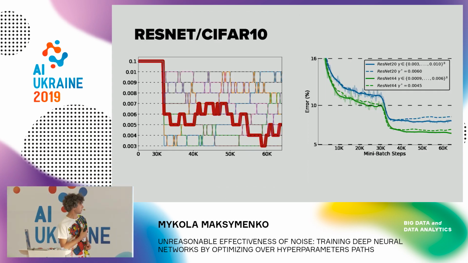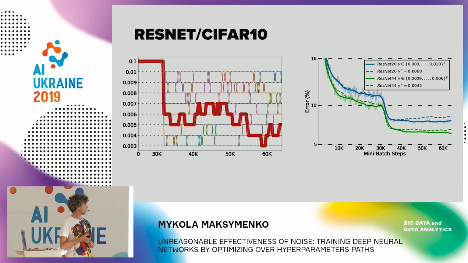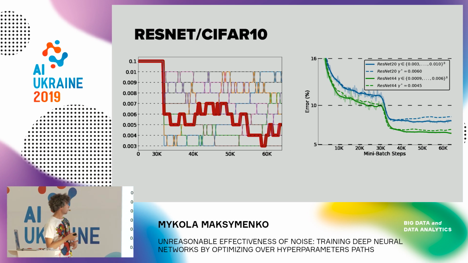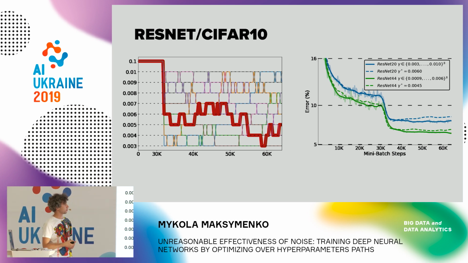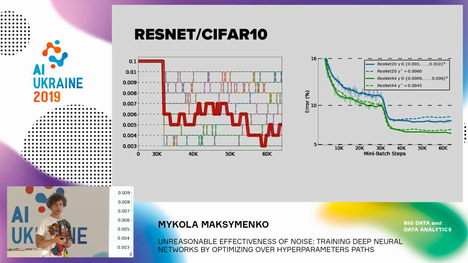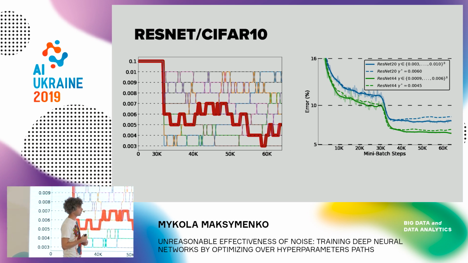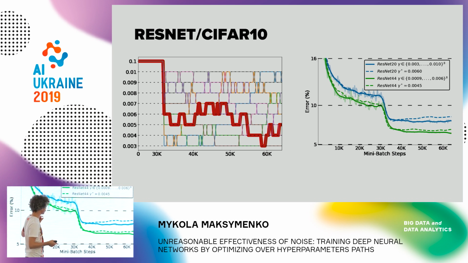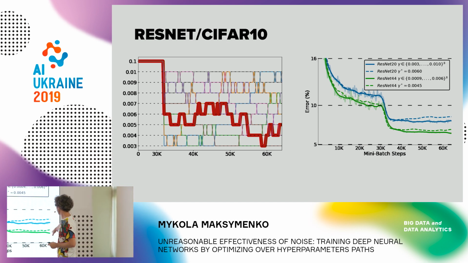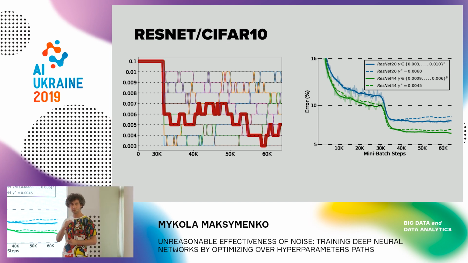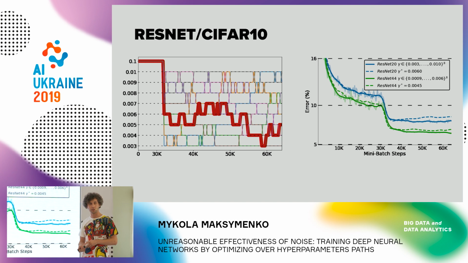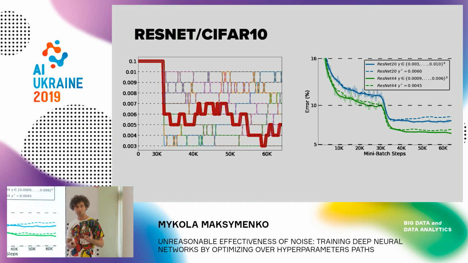Another set of experiments was on ResNet networks, ResNet 20, ResNet 22 and ResNet 44, where we again implemented that on CIFAR and compared it with a standard benchmark. We again win a few percent of accuracy, of error, and we always see lower values than in the benchmark.